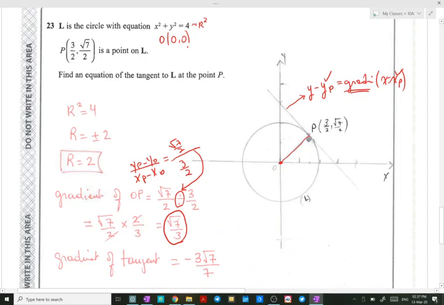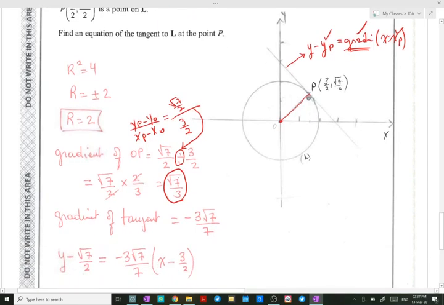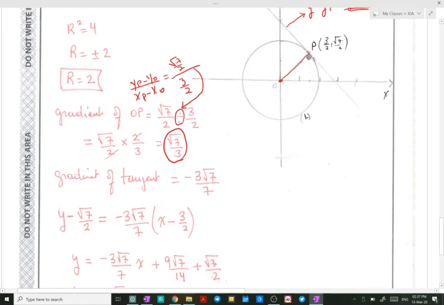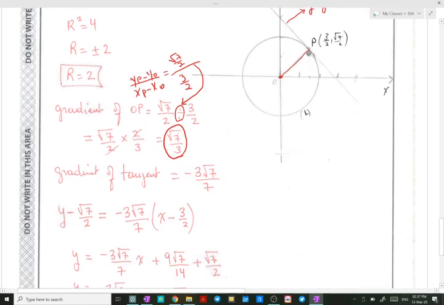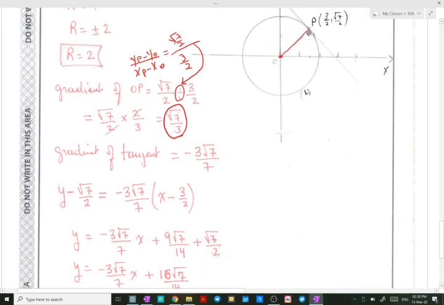Since now we found the gradient, we replace it in the general equation of the line, and this would be the equation using algebra. You multiply the coefficient, distributing it to x and to 3 over 2.